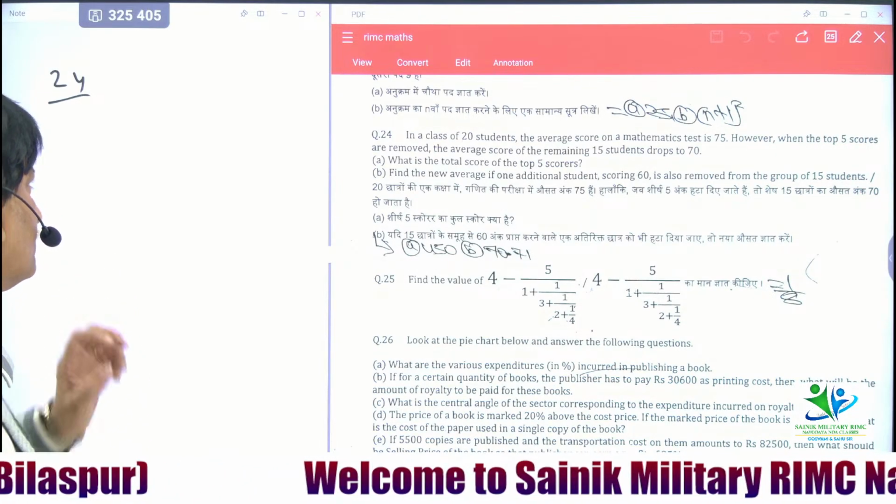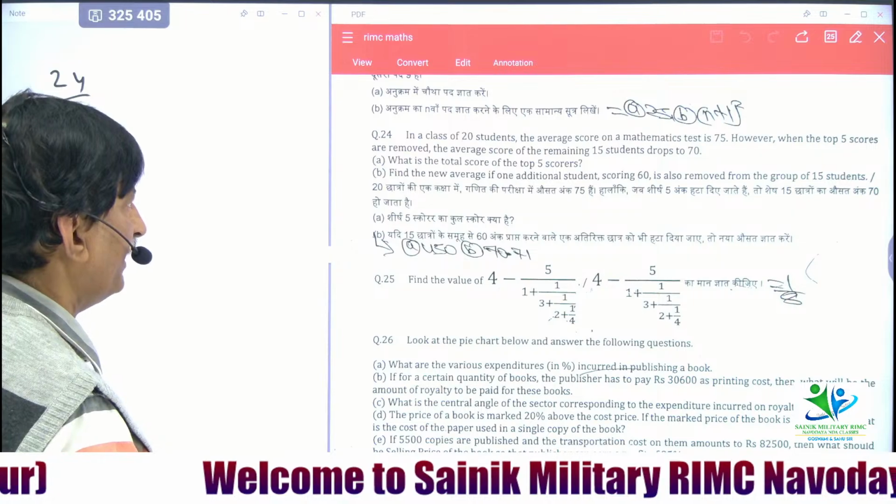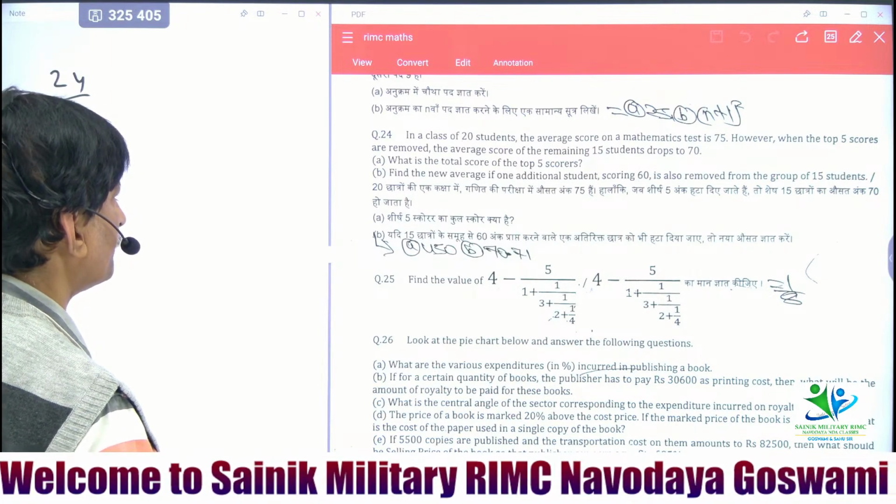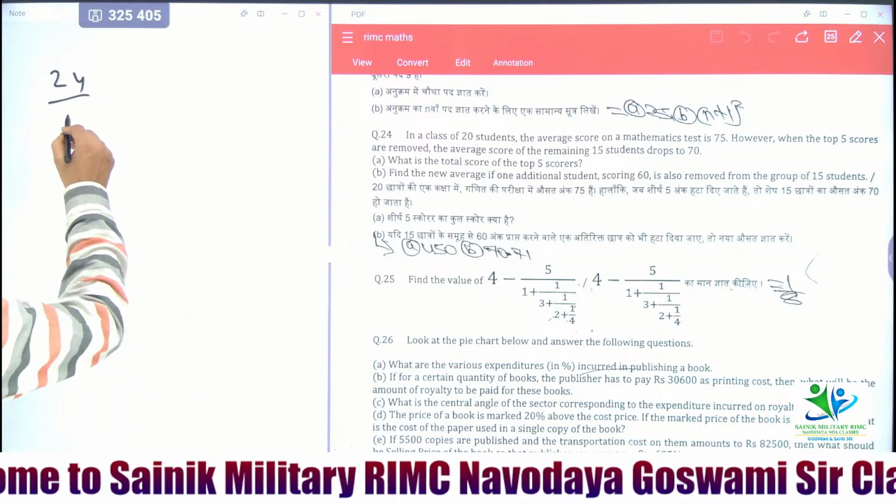Top 5 scores are removed and the remaining students' average became 70. What is the total score of the top 5 scores?